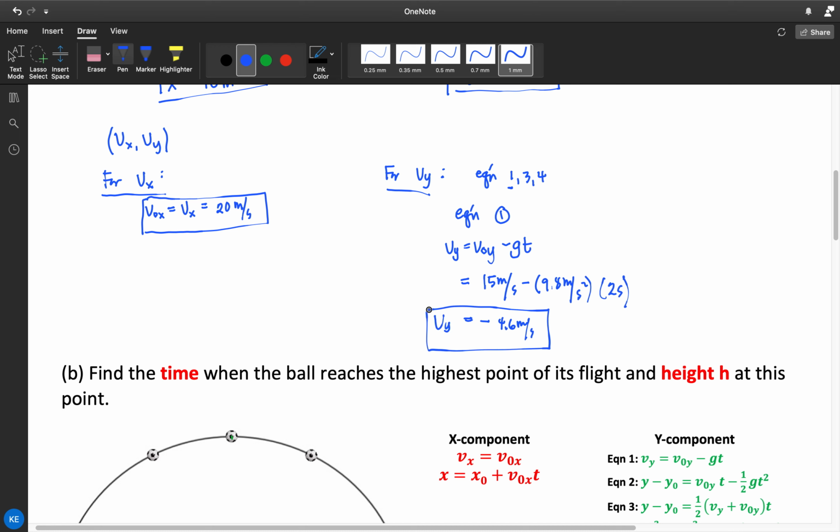If you're going to look for its magnitude and direction, you can use the Pythagorean theorem to solve for its magnitude. And you can also use the tangent function or trigonometric functions in order to solve for your direction. Okay, you can solve Vy over Vx.